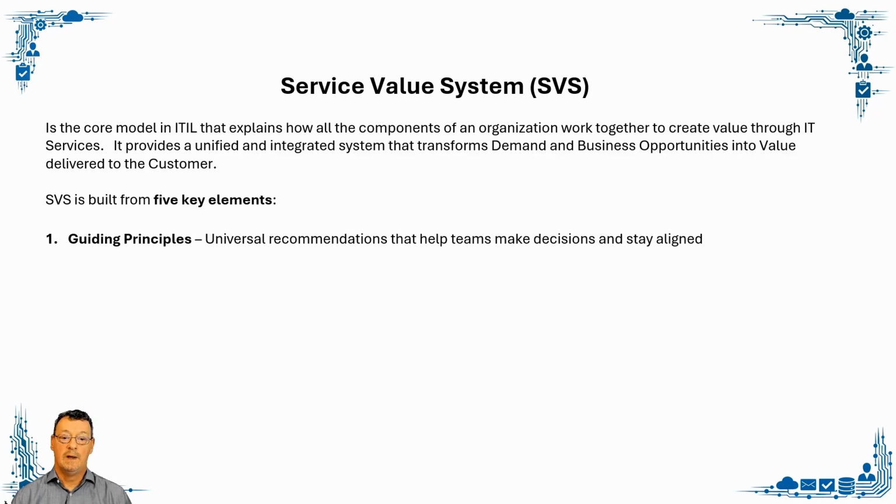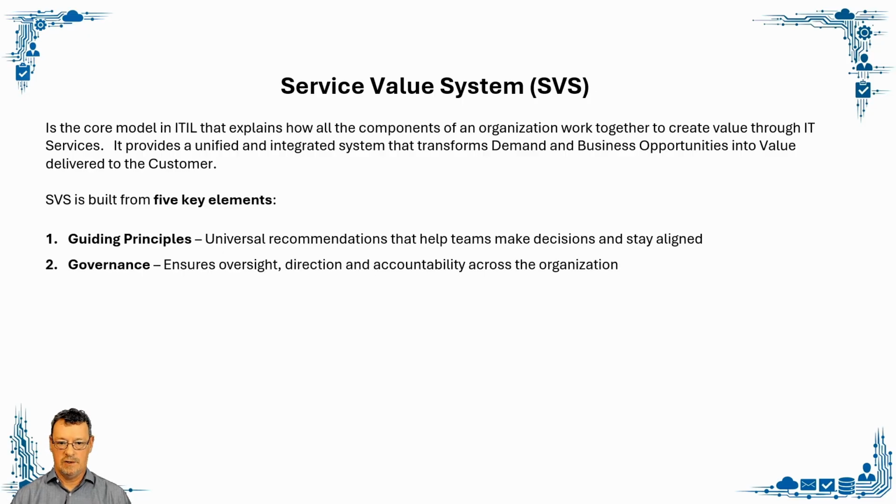The guiding principles: universal recommendations that help teams make decisions. Can't state it any better. There's alignment on decisions that are being made to build and support those IT services being delivered. There's a governance structure. Need to make sure that there's senior leadership behind the IT service management model. Without that, chaos ensues.